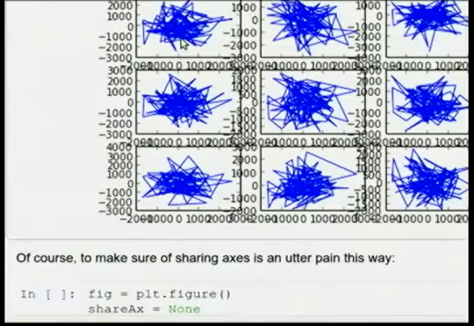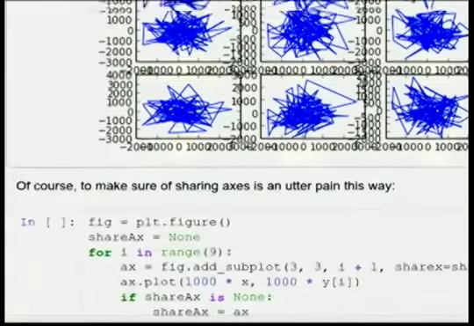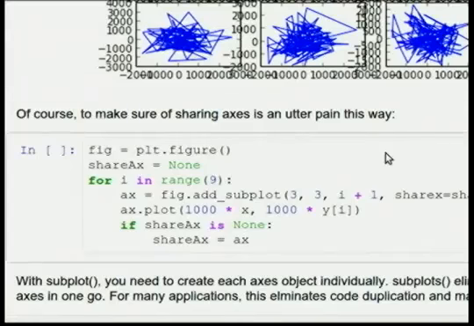Sometimes you make these subplots, and maybe everybody has the same x-axis as we have in this case, and you want to share it so that when you pan one, you can pan them all. And so you can do that, but basically what it amounts to is we have to hold on to one of the axes.